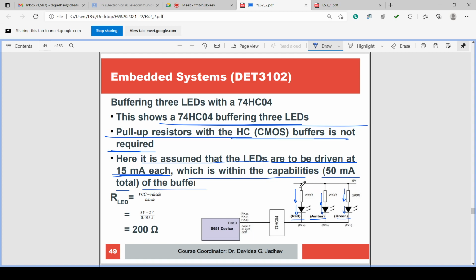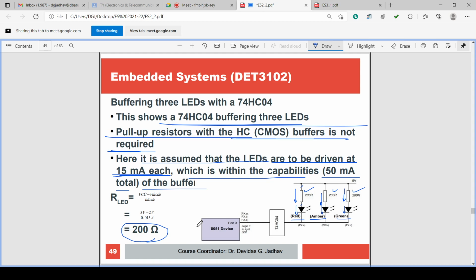So this resistor has 5 volts on one side and 2 volts on the other. So 5 minus 2 is 3 volts. 3 volts divided by 15 milliampere, 0.015, comes to 200 ohm. So this resistor is 200 ohm, this resistor 200 ohm, this resistor 200 ohm.